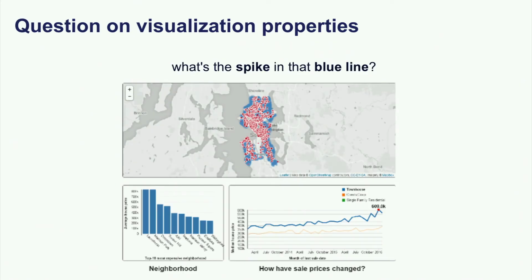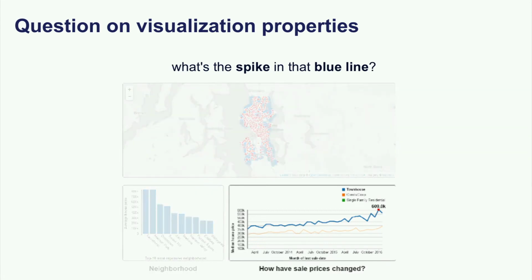In addition to asking questions of the data itself, people might ask questions like this, alluding to the properties in the visualization. So what's the spike in that blue line? Spike needs to be semantically connected to the line chart, looking at the extrema present in the line, and blue has to map to the color in the line chart so that the right line can highlight.